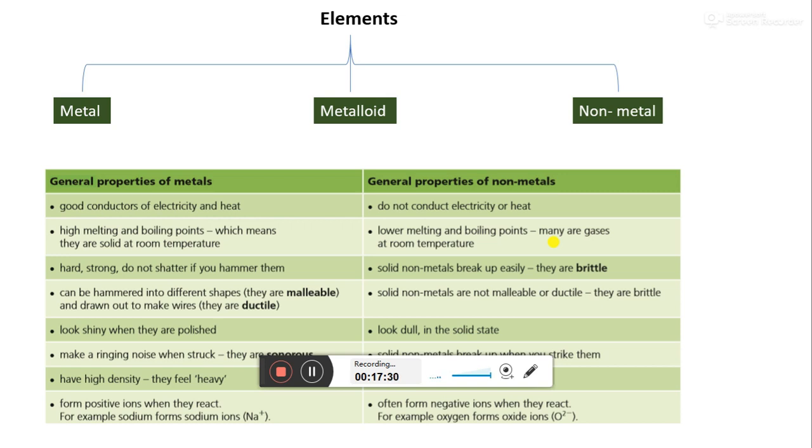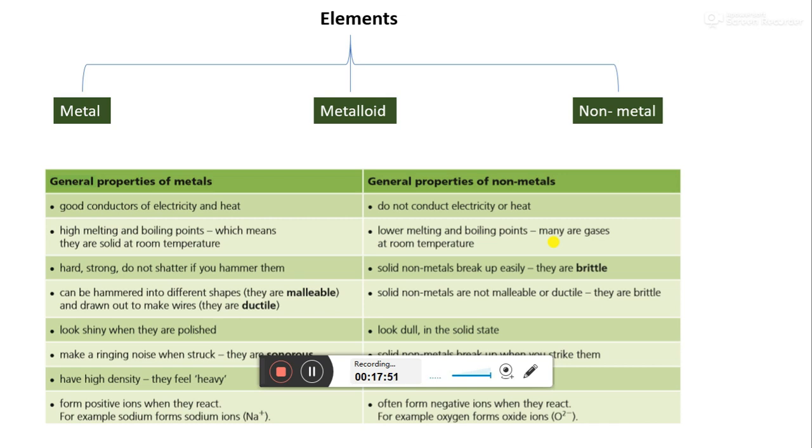Metals form positive ions, or you can say metals form cations, and non-metals form anions, that is, negatively charged species. If I talk about metalloids, right, metalloids have properties in between metal and non-metal.